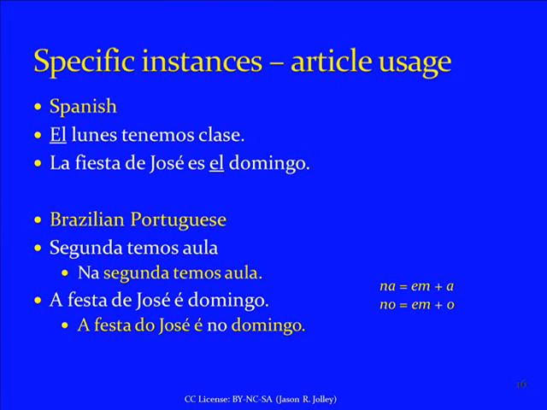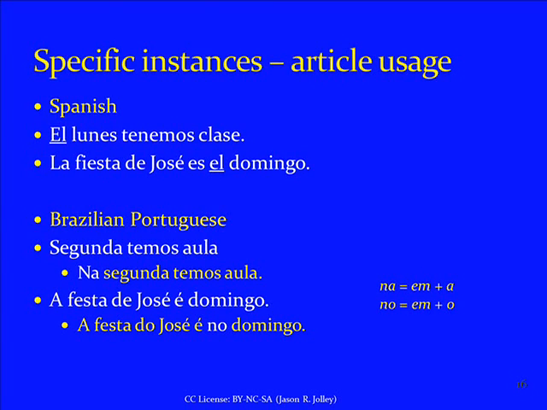So that same thought, right? We have class on Monday, meaning this Monday. I would say, segunda temos aula, no article. Or José's party is on Sunday. I would say, a festa de José é domingo.